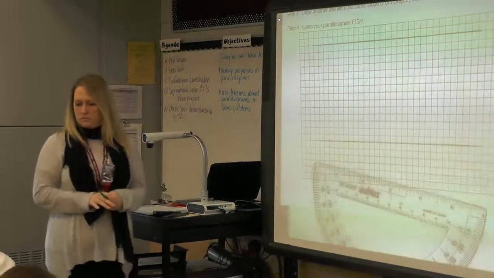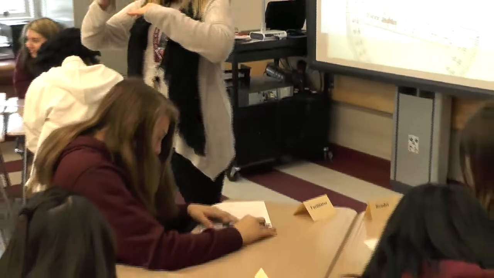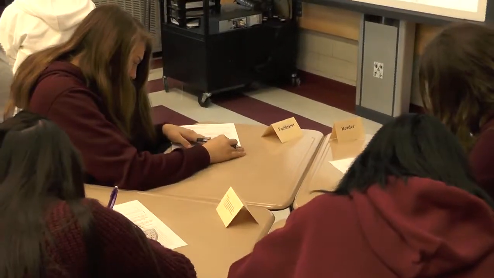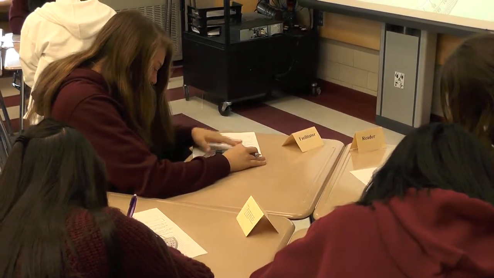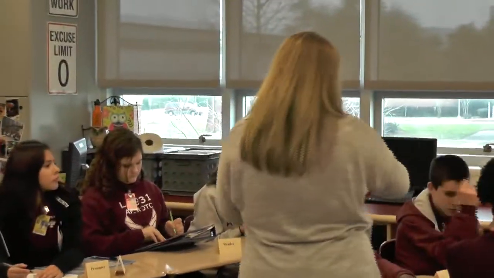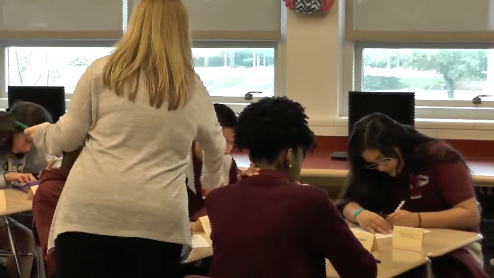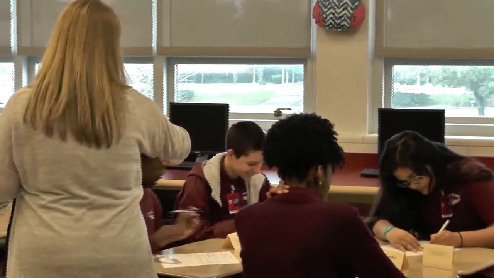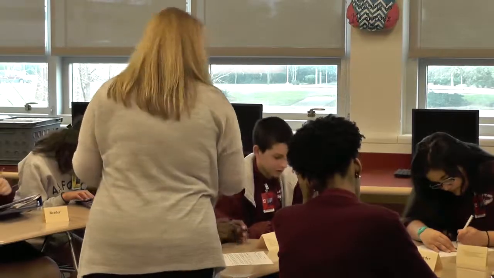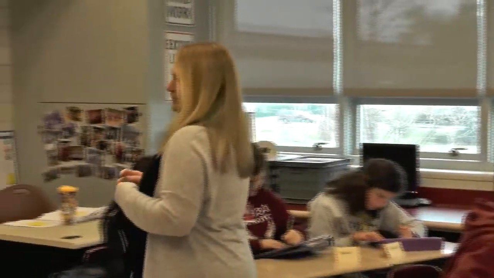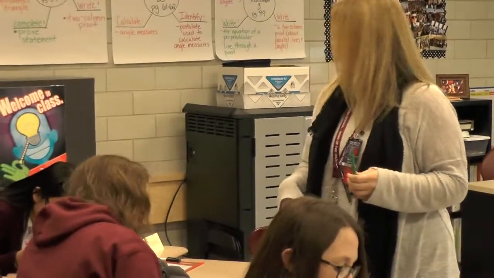Dang, that's a big one. Okay, so yours are any length apart. You can look around in your group. You don't all want to make them the same length apart, so you can investigate better. Anywhere on this grid, any 2.